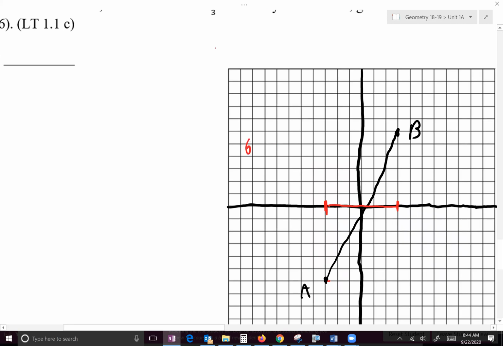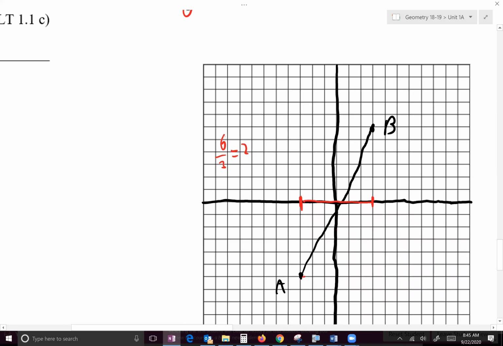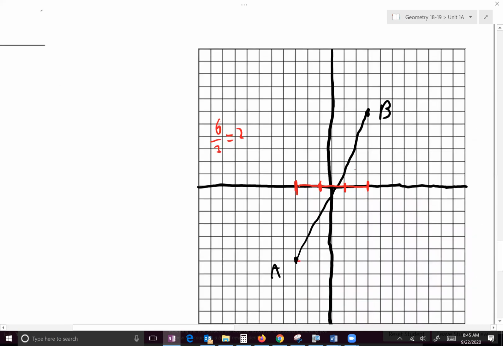And I'm dividing it into thirds, which means I'm going to partition that every 2 units. So there's one partition, there's another partition, okay? And I'm going from A to B, so that means I'm going left to right. So that's 1/3, and that's 2/3.